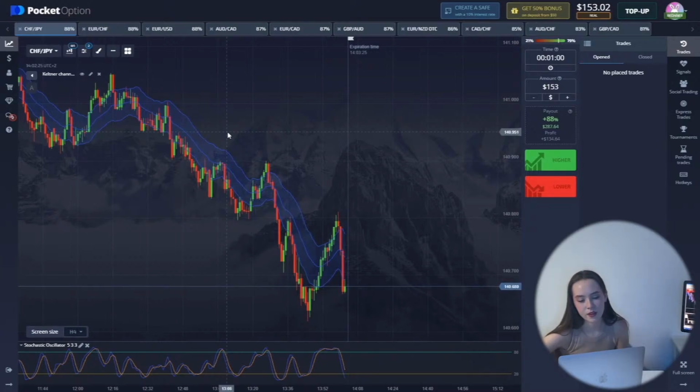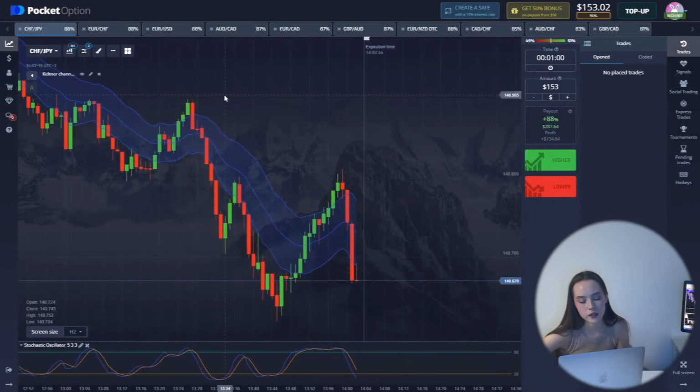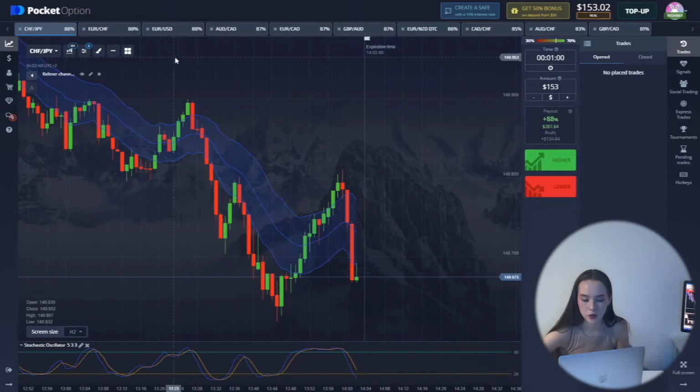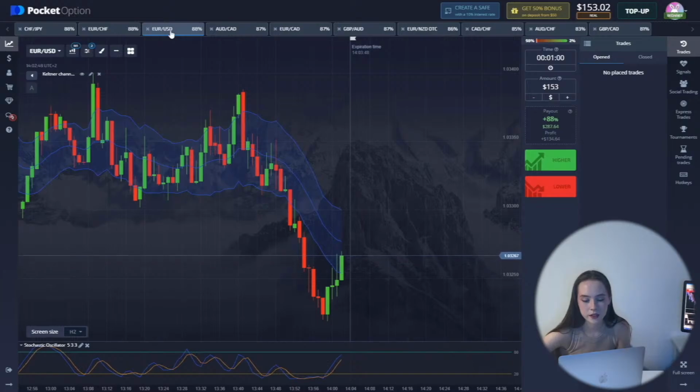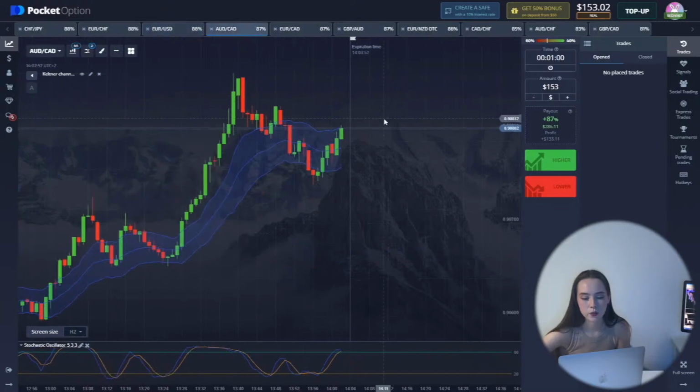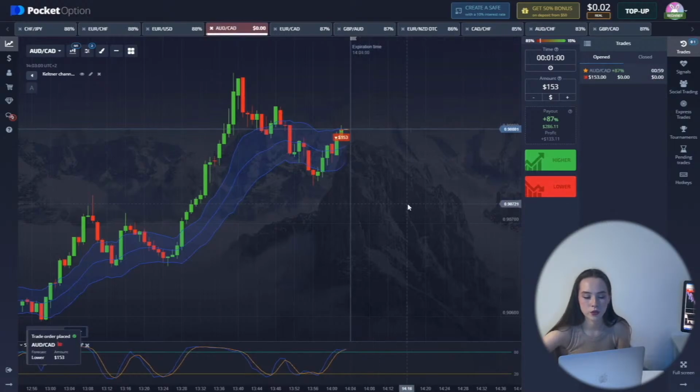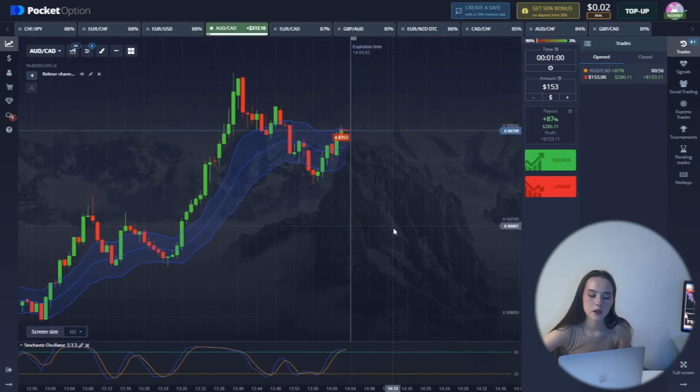Unlike the Quartex, the percentages are higher in the pocket, so I choose several currency pairs. I think this number will be enough for today. Let's start trading. I'll try to explain as clearly as possible all the inputs in the transaction as well as my strategies. In the end, as usual, I'll draw conclusions and talk about profit.